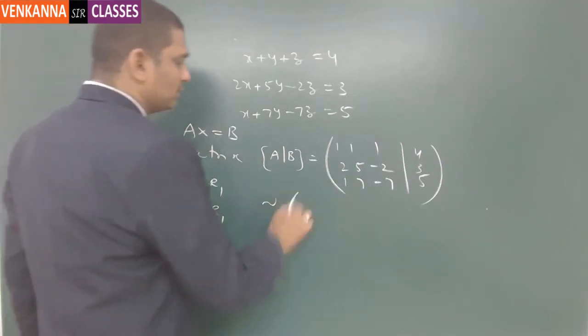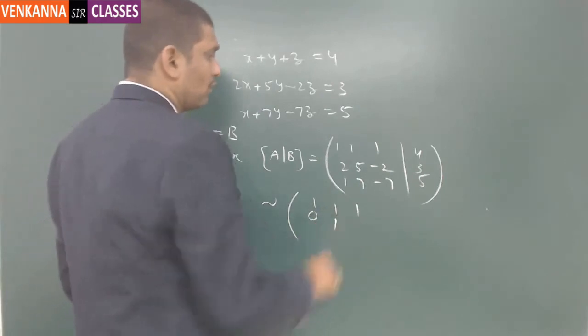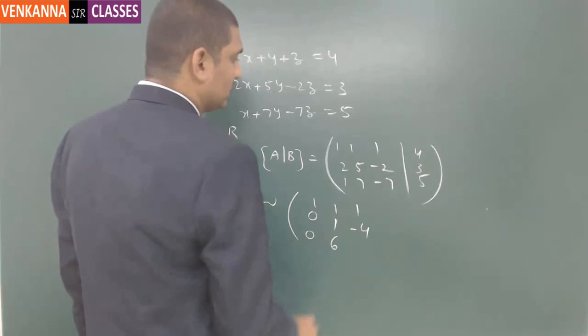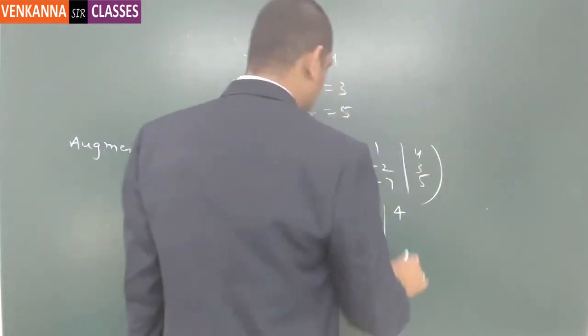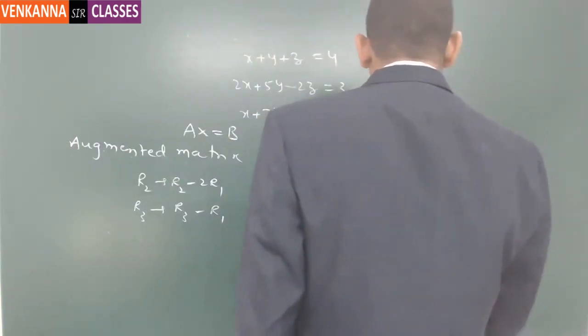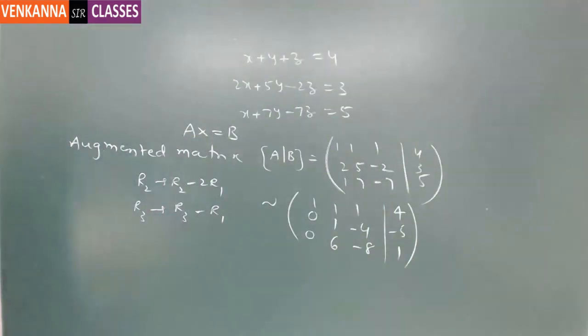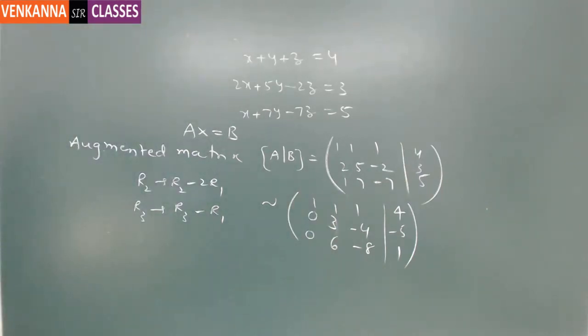So it will be equivalent to 1, 1, 1, 0, 3, minus 4, 0, 6, minus 8, augmented with 4, and this will be 1, 5 minus 4 is 1, and 3 minus 8 is minus 5. Accepted? Right? Agreed all?